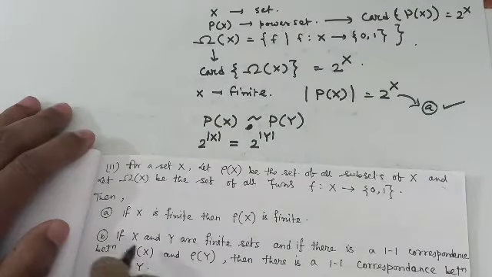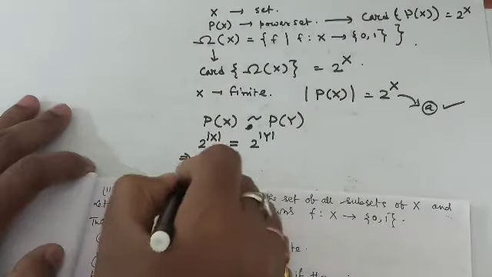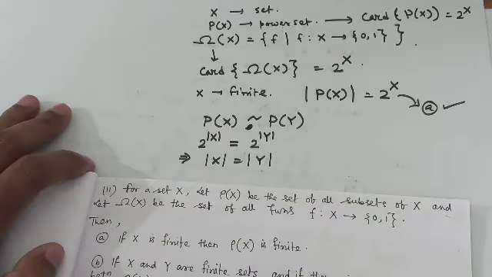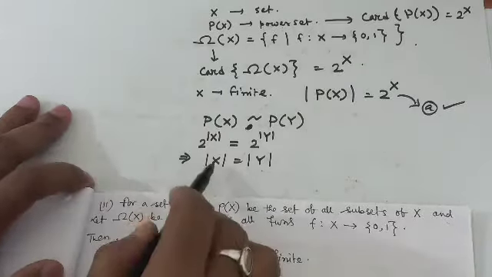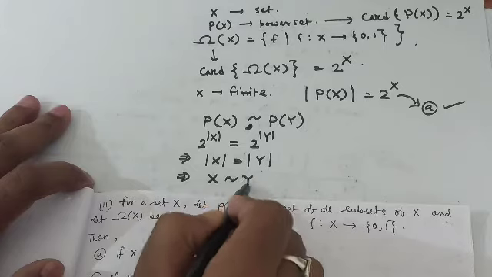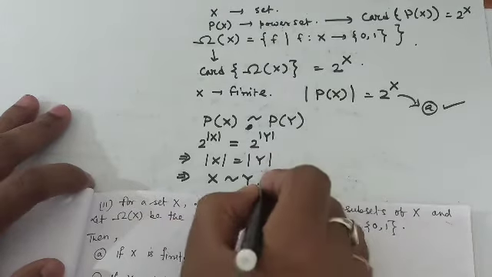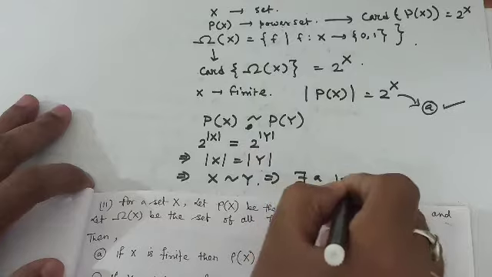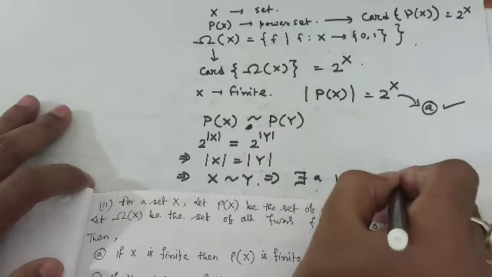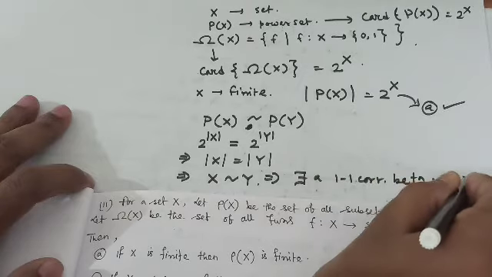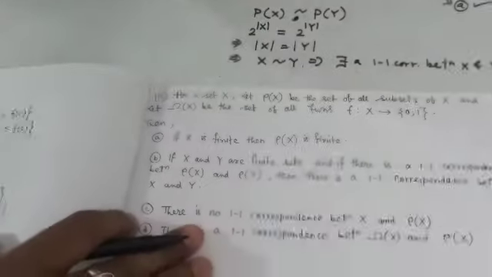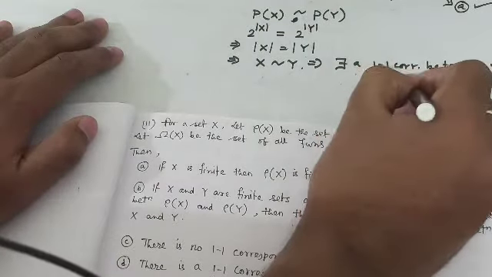As X and Y are finite sets, immediately you can write that the cardinality of X is going to be the cardinality of Y, correct? So look, two sets having the same cardinality immediately implies X is equivalent with Y. That implies there exists a 1-1 correspondence, 1-1 and onto in fact, because there is a bijection between X and Y. Thus your option B is going to be correct.